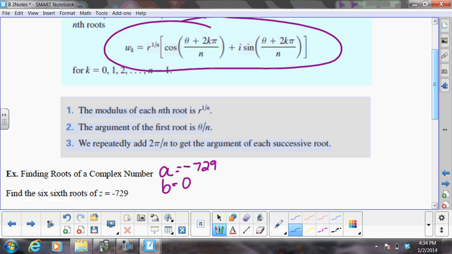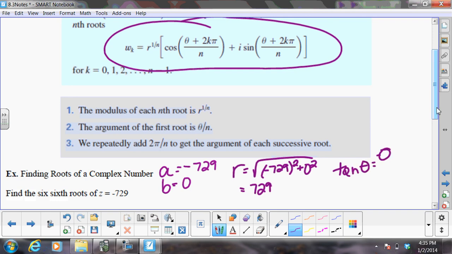So to get r, negative 729 squared plus 0 squared, well, that should be 729. To get theta, 0 over negative 729, which is just 0. Tan of 0 is at 180, which is pi. Okay, so we have r and theta.